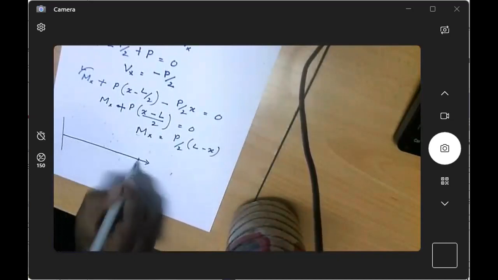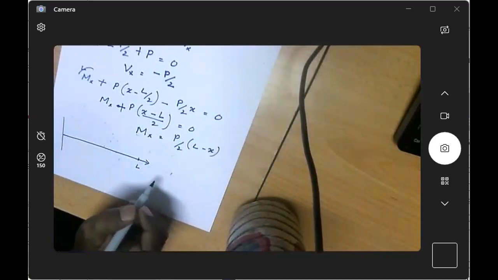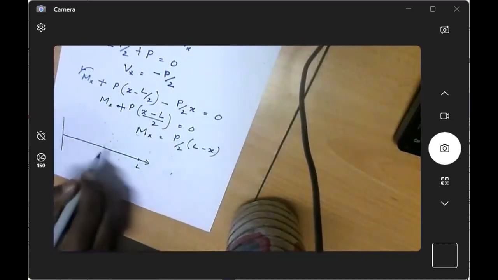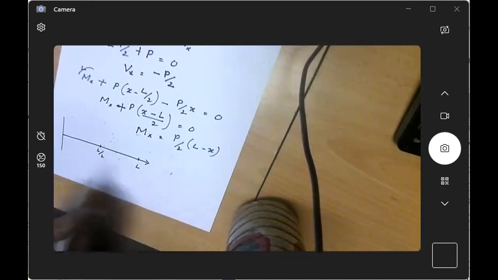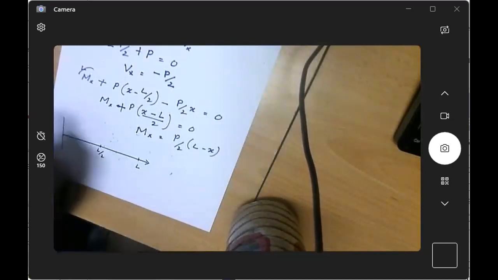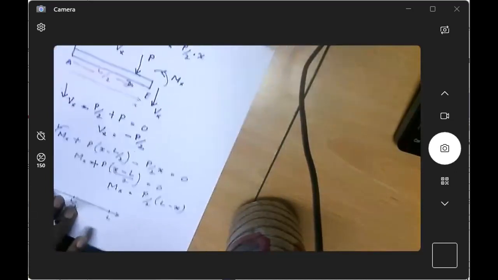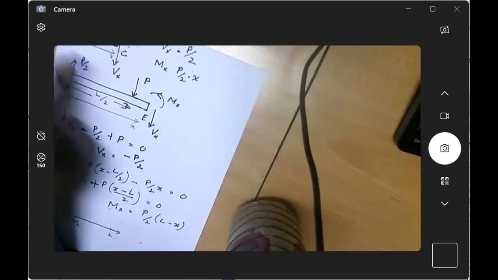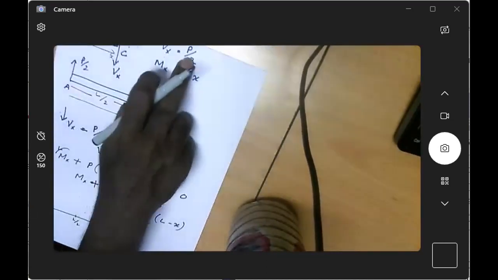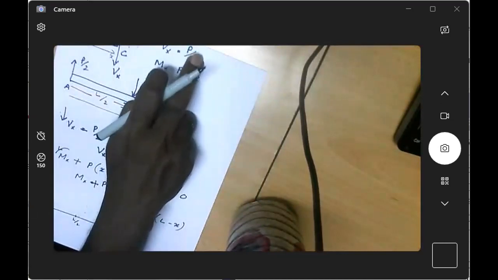Let's suppose this is the total length L, and this may be the midpoint L over 2. This is the variation of shear force Vx. From what we found up to point D, the shear force is P over 2.